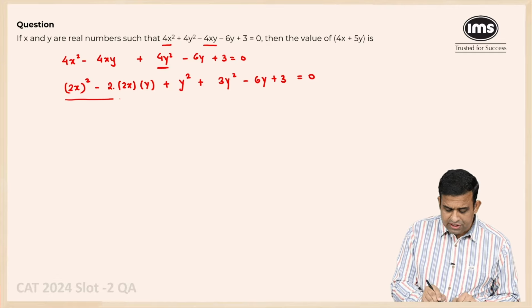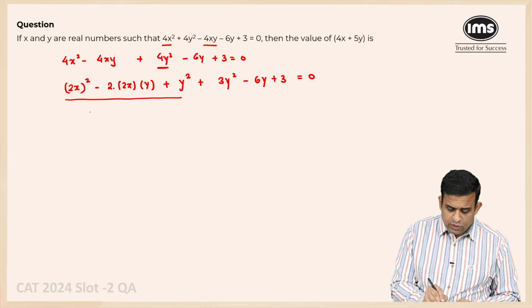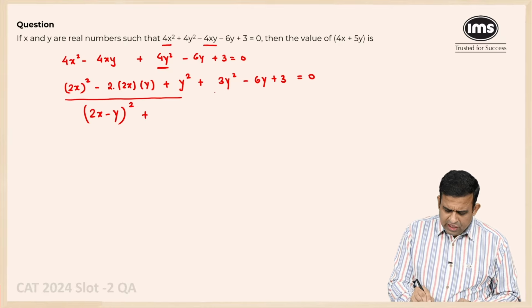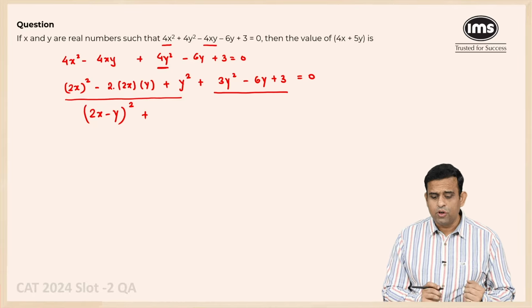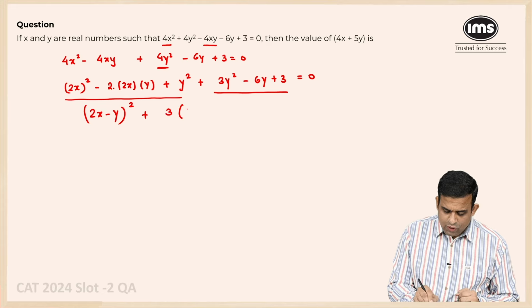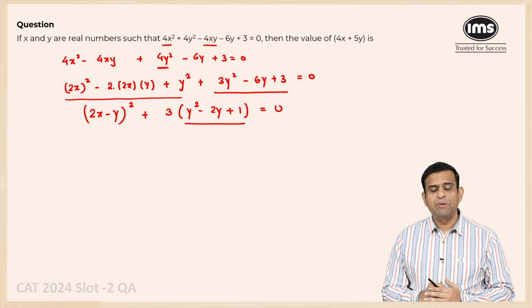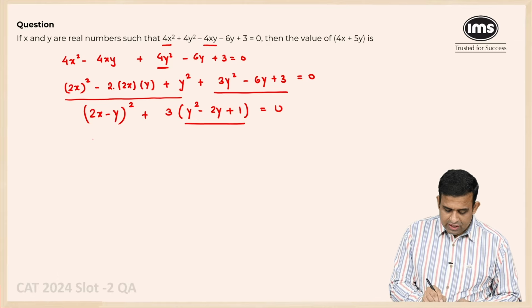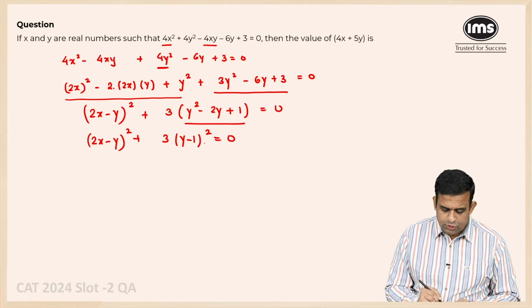And now one can clearly see that the first three terms on the left hand side I can rewrite as 2x minus y whole square, plus. Now on the next three terms on the left hand side, I can take something common, which is 3. If I take 3 common, we are left with y square minus 2y plus 1. And this term y square minus 2y plus 1 should also sound very familiar, as I can write it in a standard format: 3 times y minus 1 whole square equals 0.